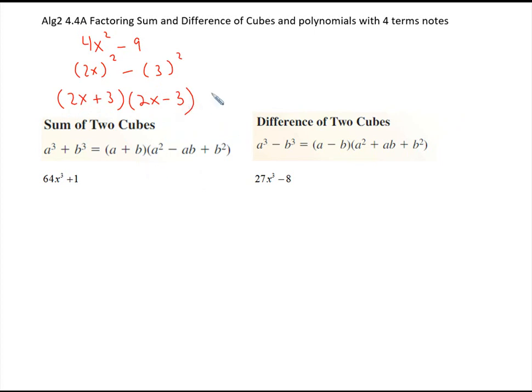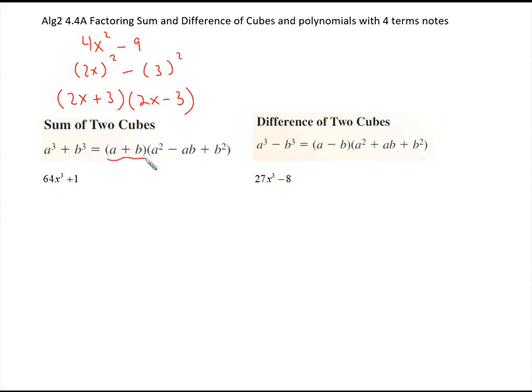of binomial. So now we also have difference of cubes, but also sum of cubes. So these have special patterns as well. So basically, if you can get the problem to look like a to the third plus b to the third, this would be considered a sum of cubes.